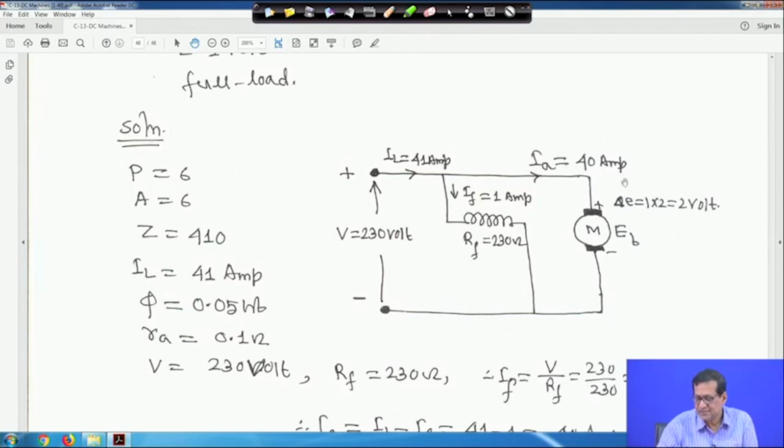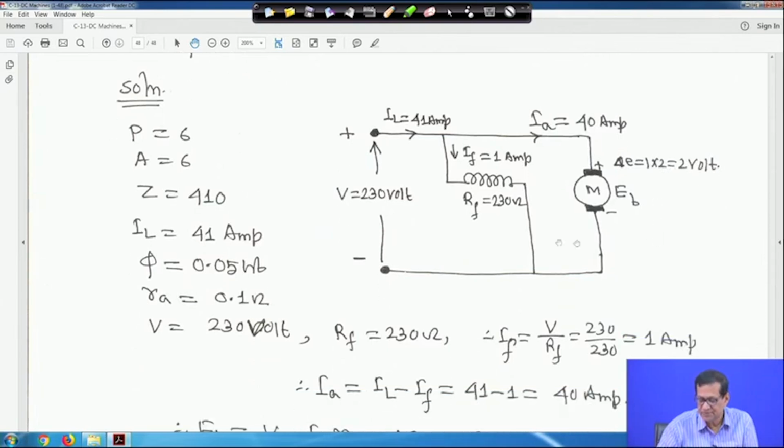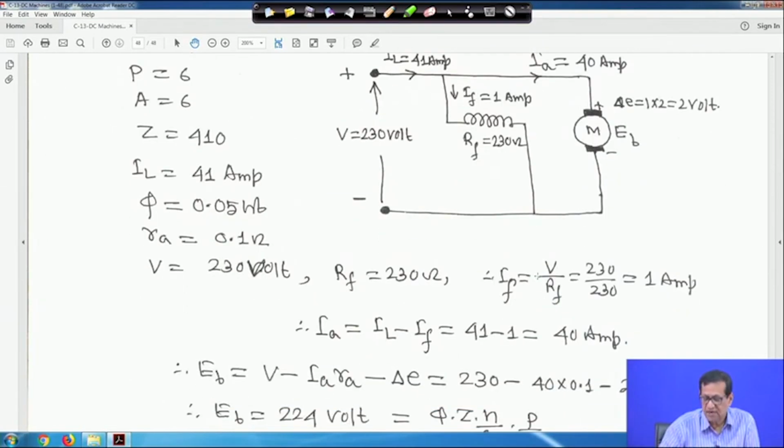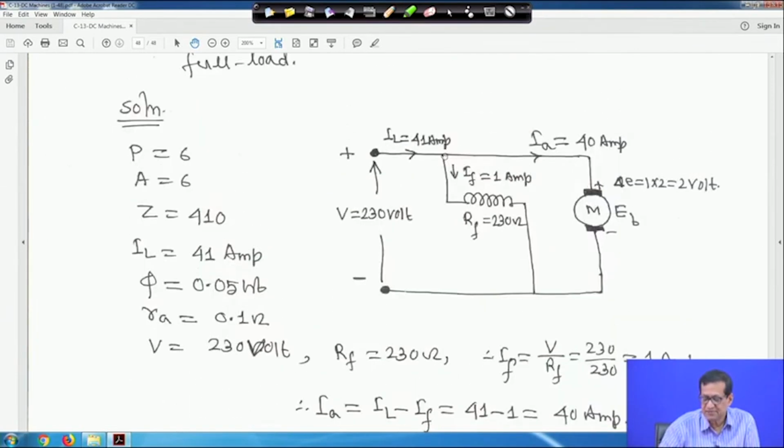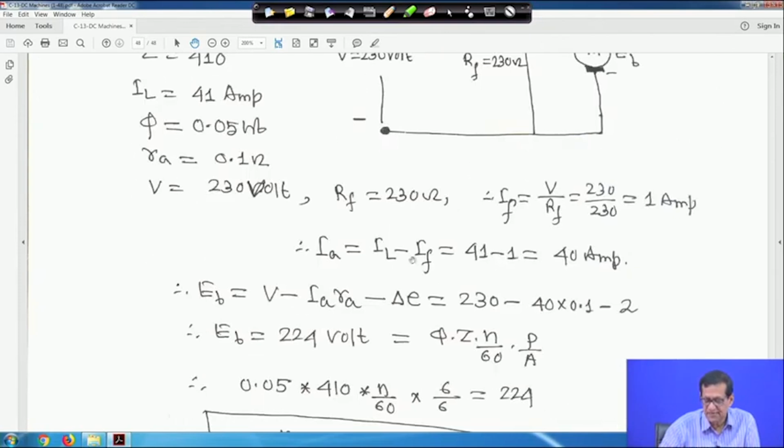Therefore, everything is put here and there are 2 brushes. So, delta E will be 1 into 2, so 2 volt, right. First you find the field current. IF is equal to V upon Rf, that is 230 upon 230 is equal to 1 ampere, right. Now, armature current IA, at this point you apply KCL. So, IA will be IL minus IF, so 41 minus 1, so 40 ampere.